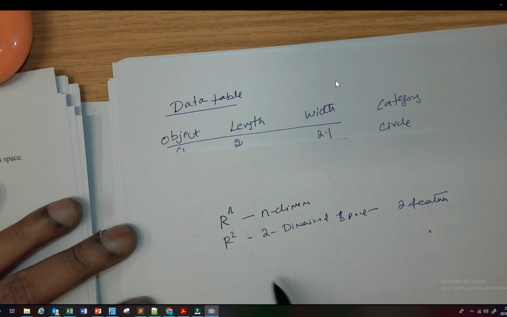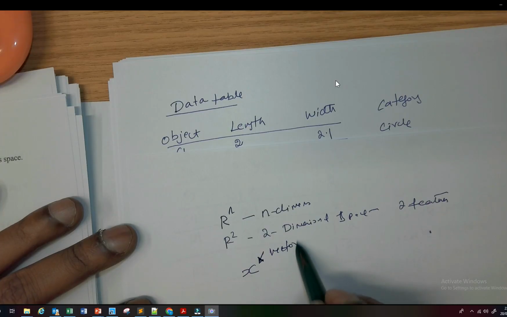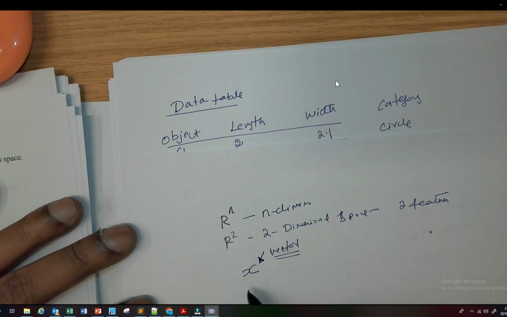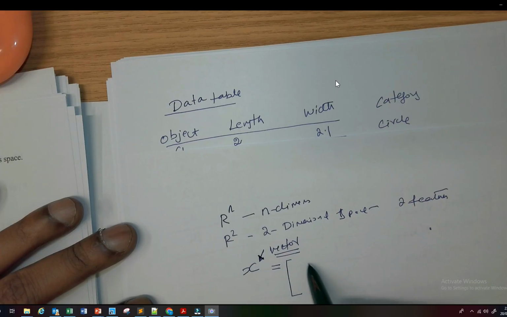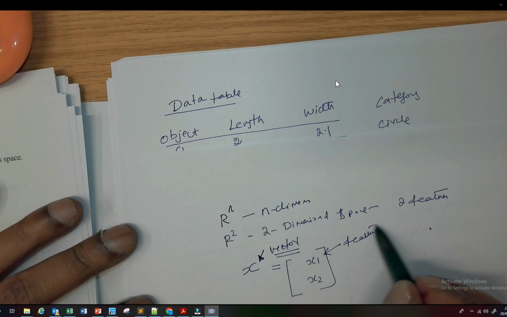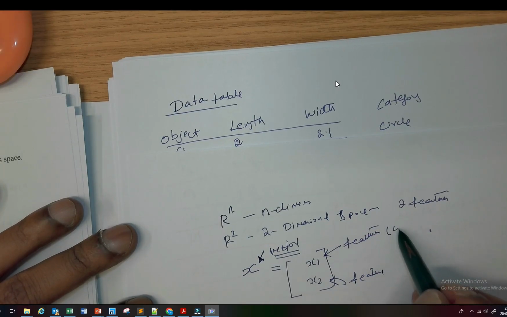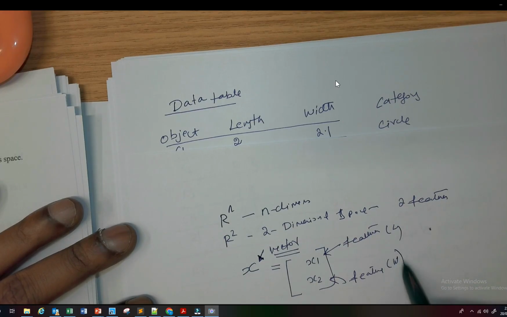Let's say x is some vector. In this case, x is equal to x1 and x2. x1 is one feature and x2 is another feature, so it can be length and this can be width.